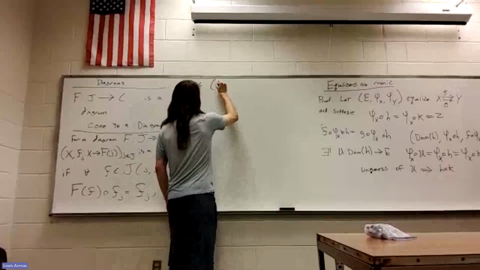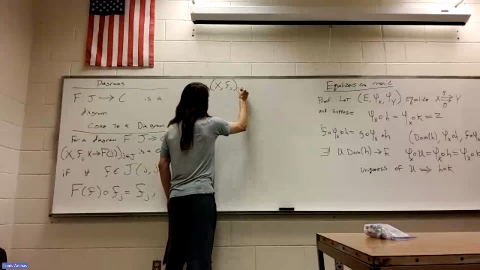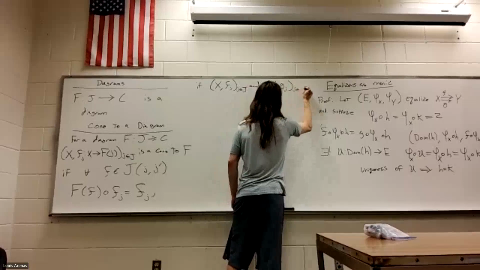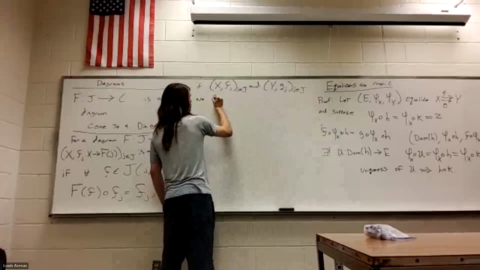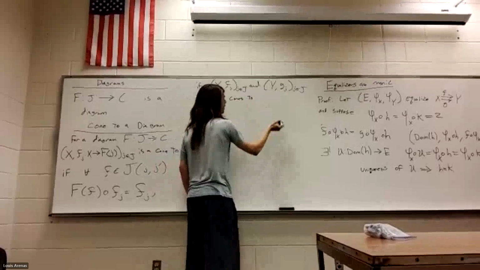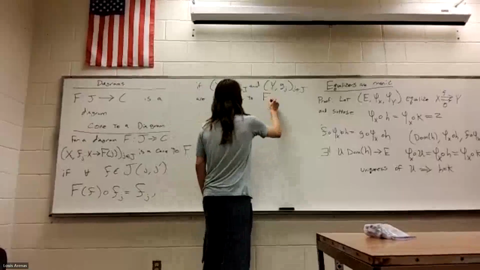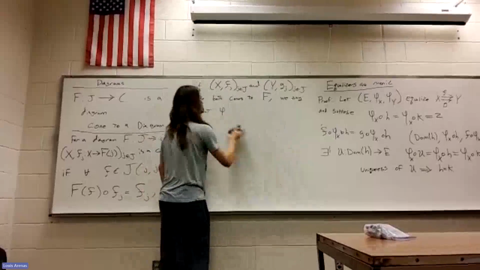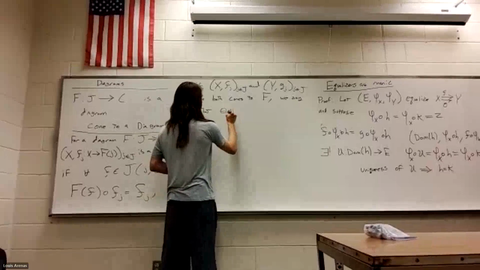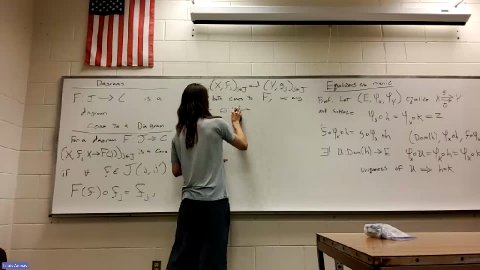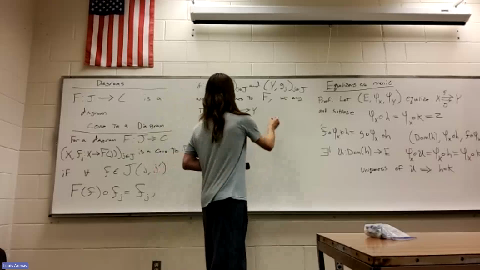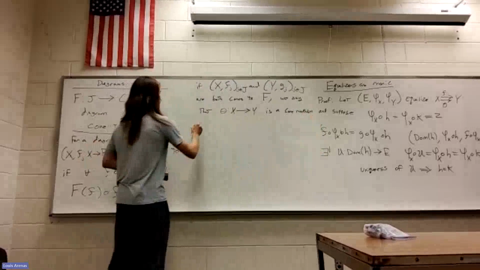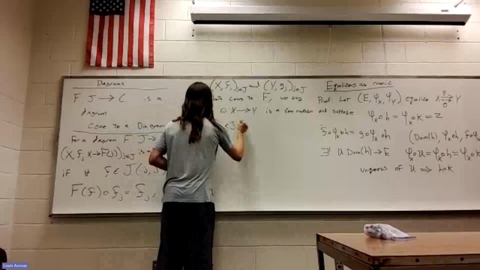If the diagram for both cones is F, we say a map theta that goes from X to Y is a cone morphism if, for every J, we have the following. I'm using var phi for too many things, I'm sorry.